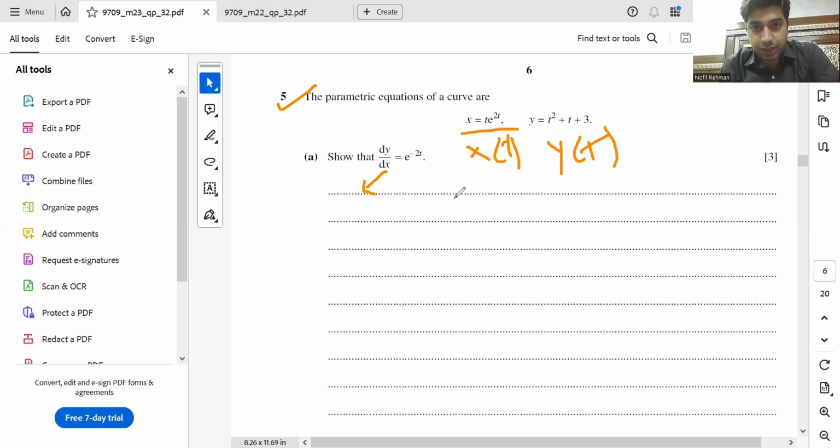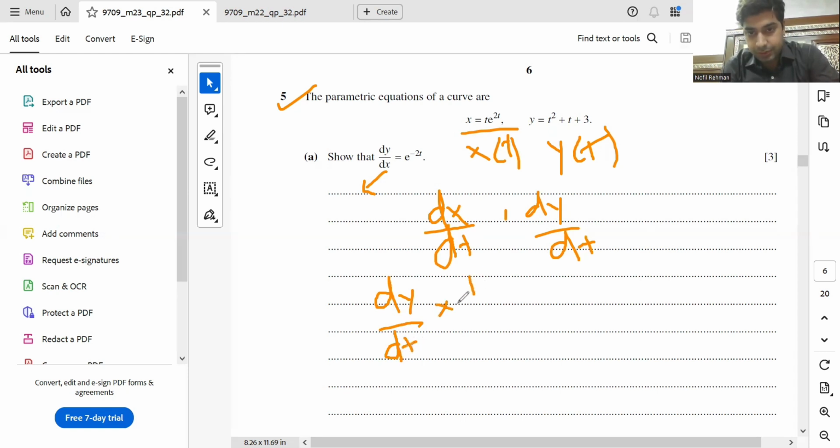So what we can do here is differentiate x with respect to t, since x is expressed in terms of t, and we can also calculate dy by dt, since y is also expressed in terms of t. Now we can multiply dy by dt by the reciprocal of dx by dt.